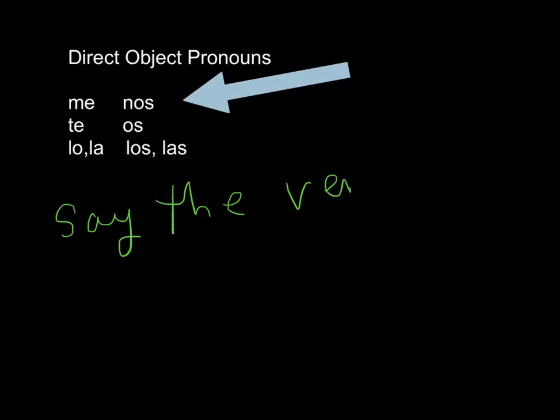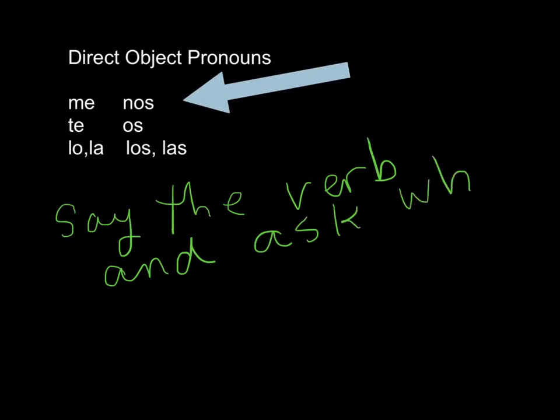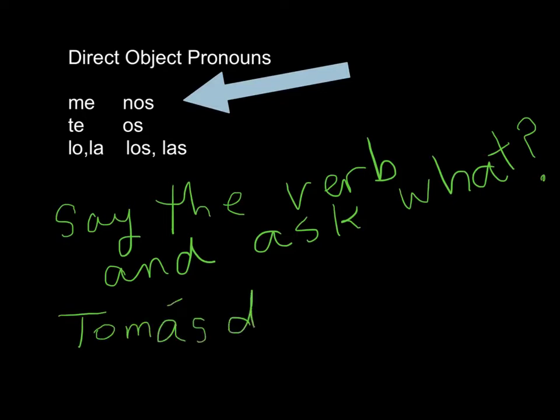So say the verb and ask the what question. As long as there is a direct object, because some sentences, as we know, don't have them. So back to that sentence about Tomás, if we looked at the fact that the book is the thing that is being given by Tomás, then we would choose el libro as the direct object.